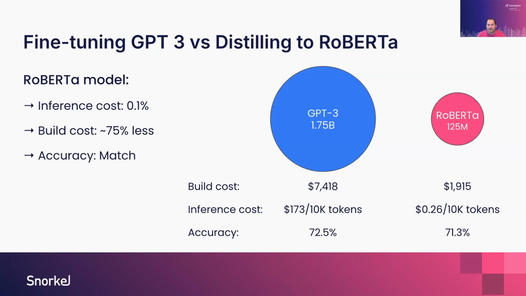This Roberta model, which we trained through distillation, is barely 100 million tokens, a small fraction of the size, and was less than a third of the cost. The inference cost virtually goes away, and the accuracy was nearly identical. They're both at about 72% accuracy.